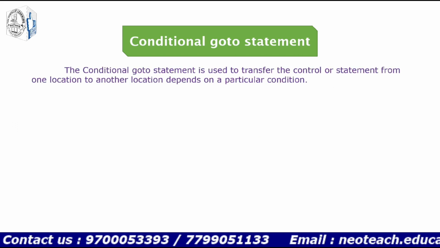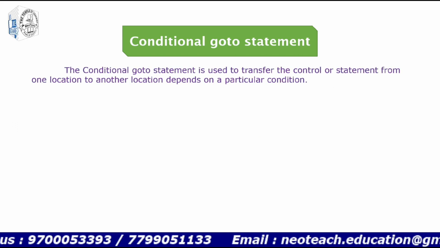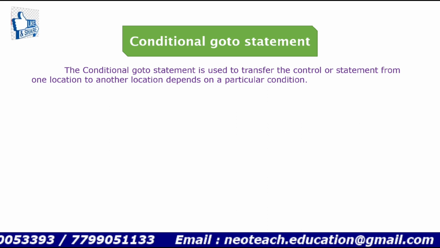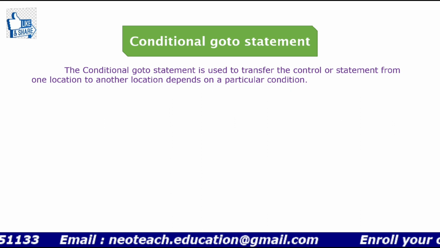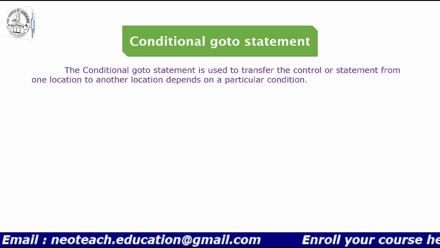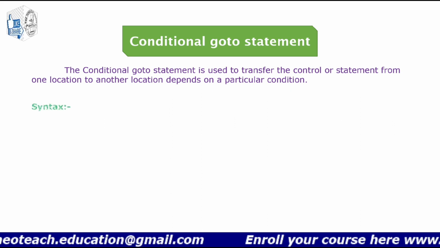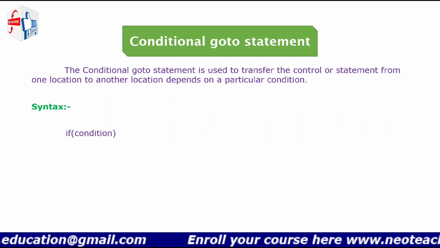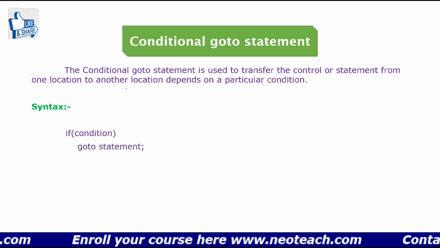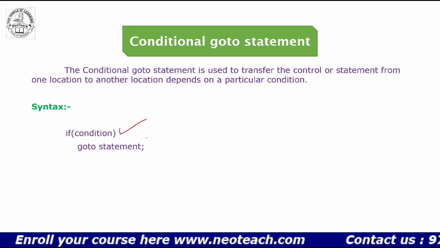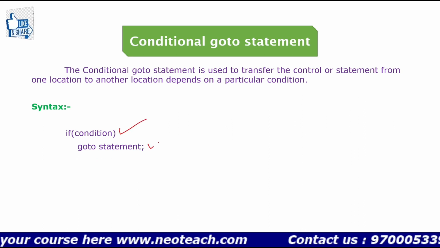So what is this? The conditional Goto statement is used to transfer the control or statement from one location to another location, depending on a particular condition. We will see the syntax. Simply we write some condition, for example an if condition. If the condition is satisfied, then the Goto statement is going to execute here.